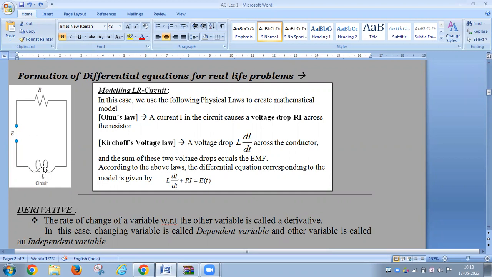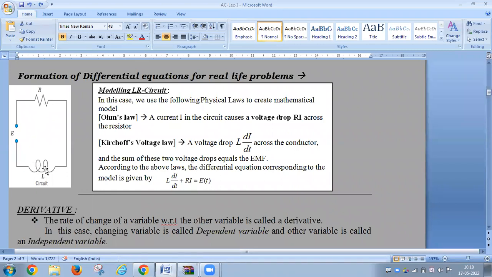The voltage drop across the conductance is given by L into di by dt, if I is the current, t is the time, and L is the conductance. And R into I is the voltage drop across the resistance.